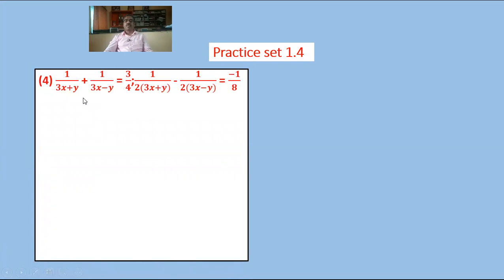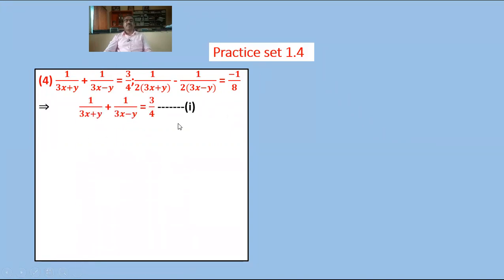Problem number 4. 1 upon 3x plus y plus 1 upon 3x minus y is equal to 3 upon 4, and 1 upon 2 in bracket 3x plus y minus 1 upon 2 in bracket 3x minus y is equal to minus 1 upon 8. Observe both given equations: the denominator parts 3x plus y and 3x minus y are the same.